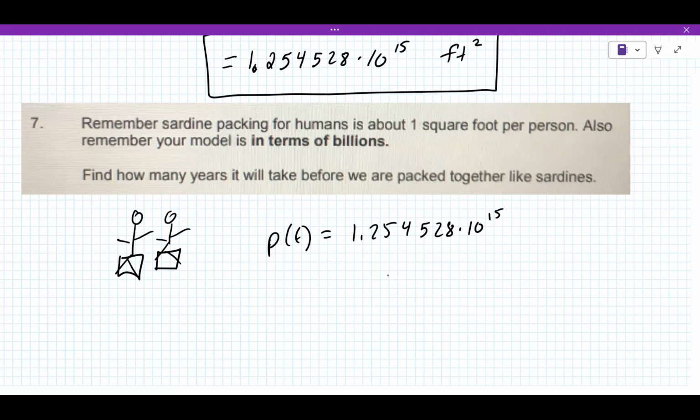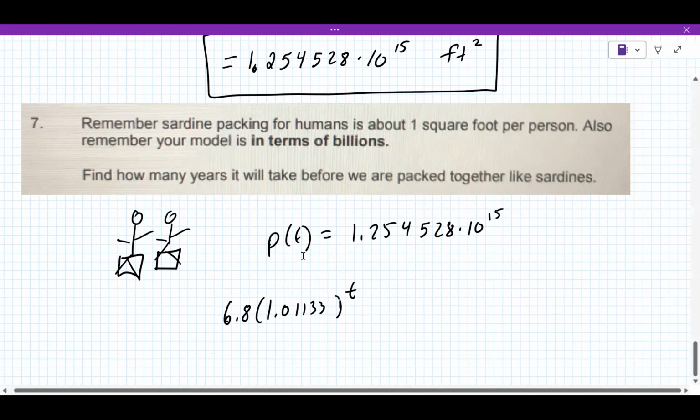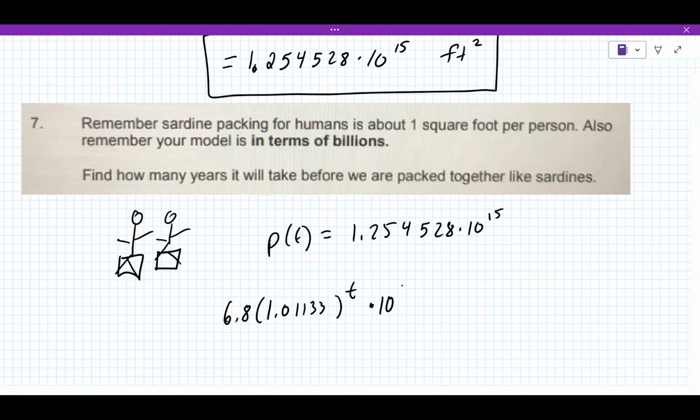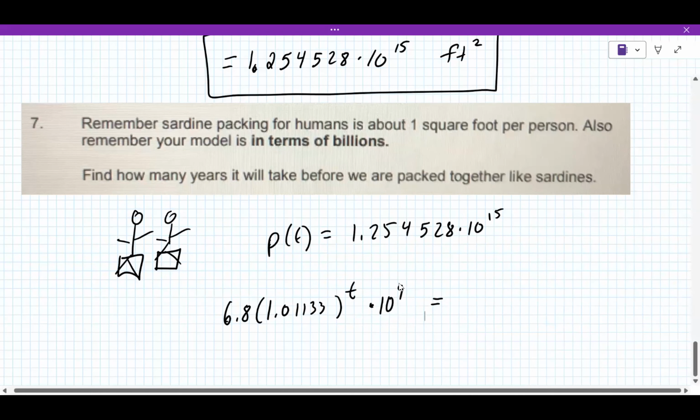Our equation was 6.8 times 1.01133 to the power of T. But remember, this was in billions. And this P of T is not in extended units, so we want to add a multiplier here of 10 to the 9th, so that whatever number we get from t, we get in terms of real people, not billions.